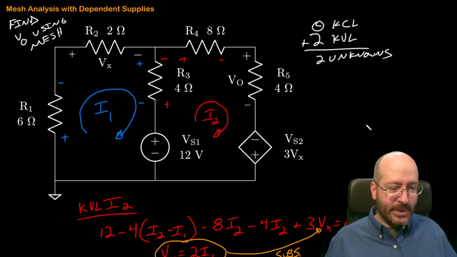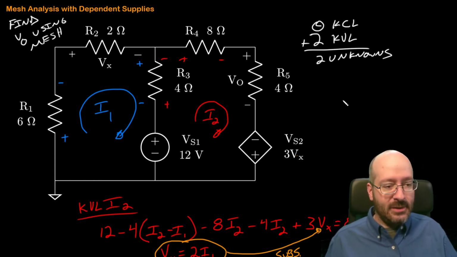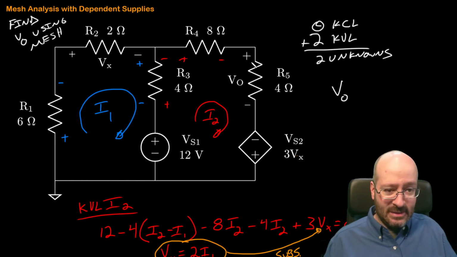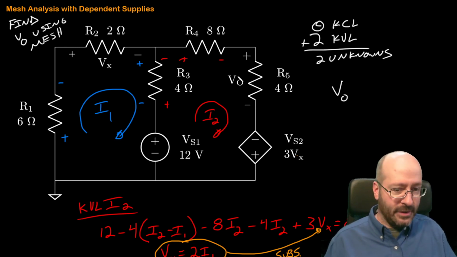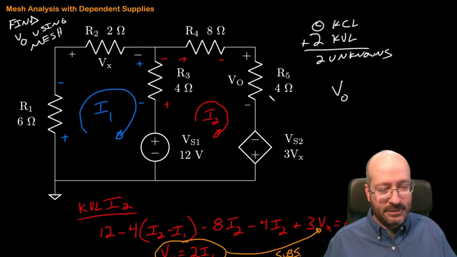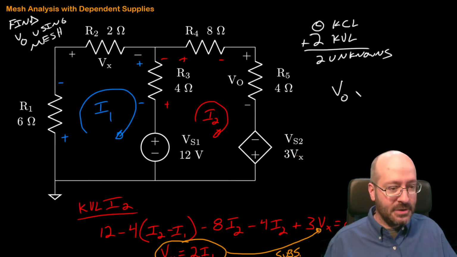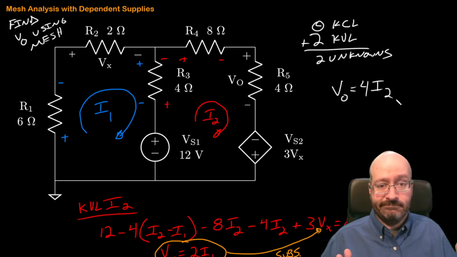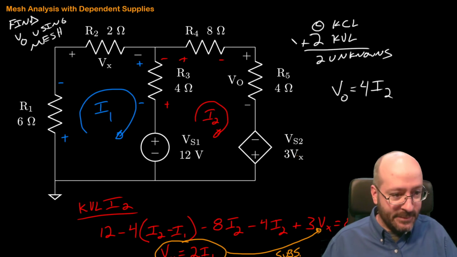So we're going to find V out the same way we found Vx, right? That's the polarity for V out. I1 doesn't touch it. I2 goes in the positive direction according to the passive sign convention. So it's going to be 4 times I2. That's it. We got to calculate it.